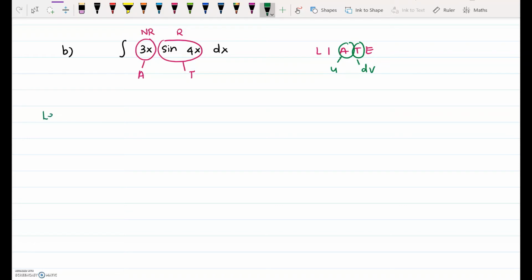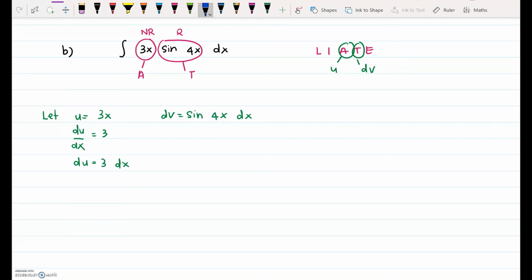So now let u equal 3x and your dv equal sine 4x dx. Next, find du/dx. We will have 3, and your du will equal 3 dx.